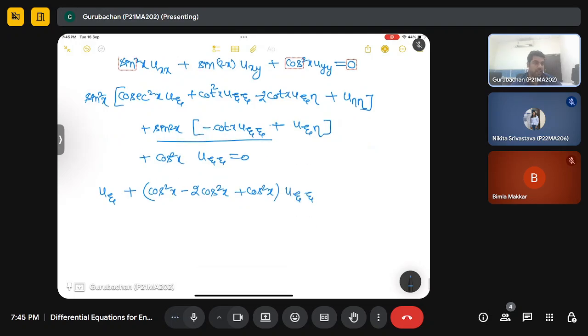Now let us collect the expressions of u xi eta. So this will be with negative sign cot x, and we are dividing cot x with this sine square x.